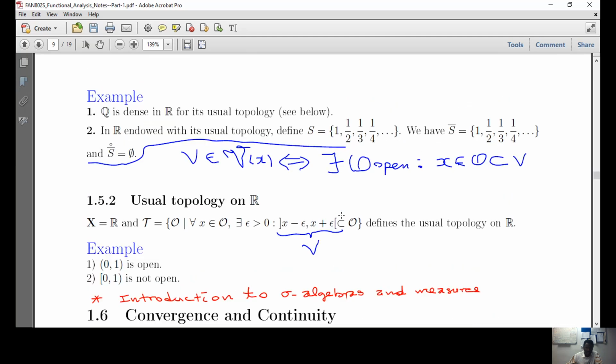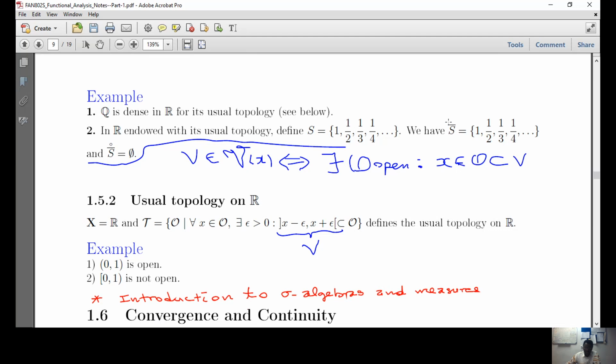Okay, so here we have some examples. Q is dense in R, I mentioned that already. And if we endow R with the usual topology, we take a sequence. You can see S here is a sequence. Right? And now if you take the closure of this sequence, it's still the same.